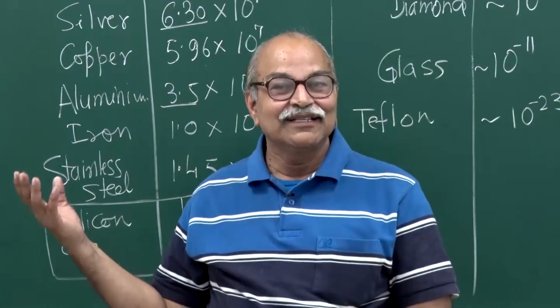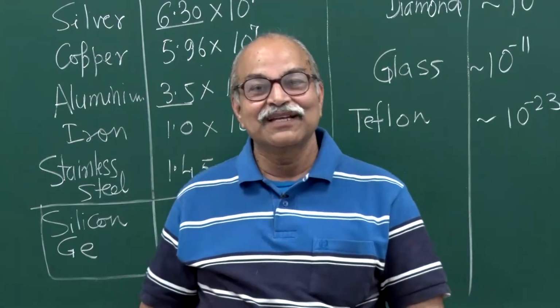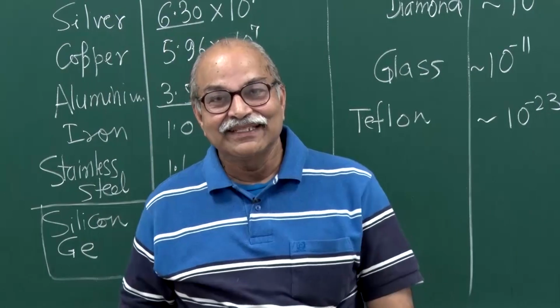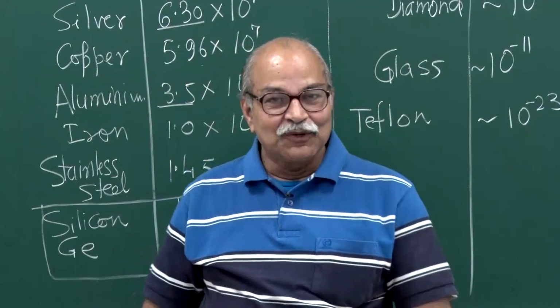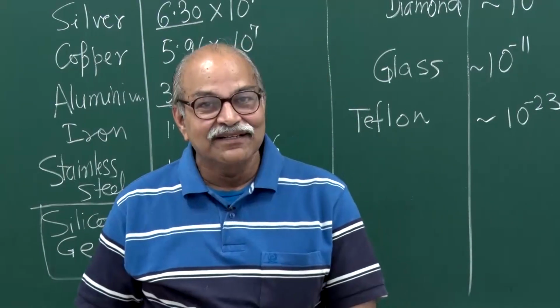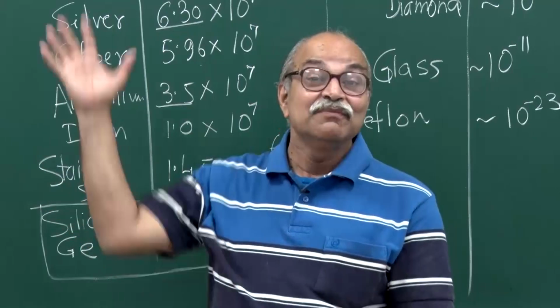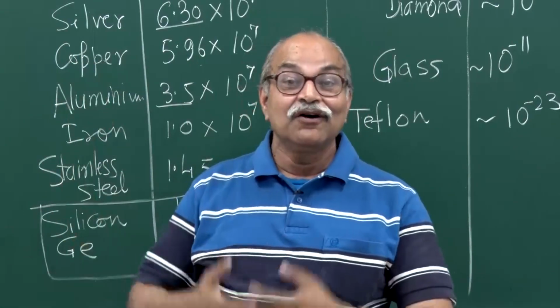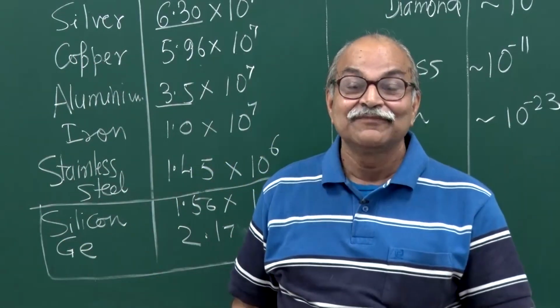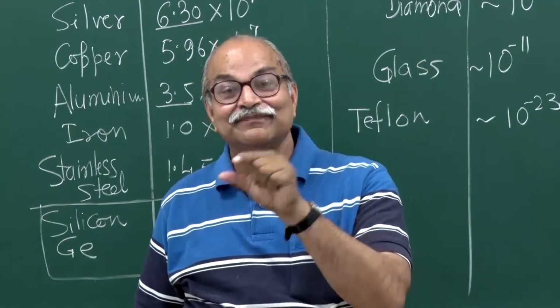Chandrayaan, Mangalyaan, it's all because of this semiconductor electronics that we are able to do all these things. In our own daily life, our mobile phones, calculators, television sets, transmission, reception, all these things need electronics, and in those electronics we use semiconducting materials.